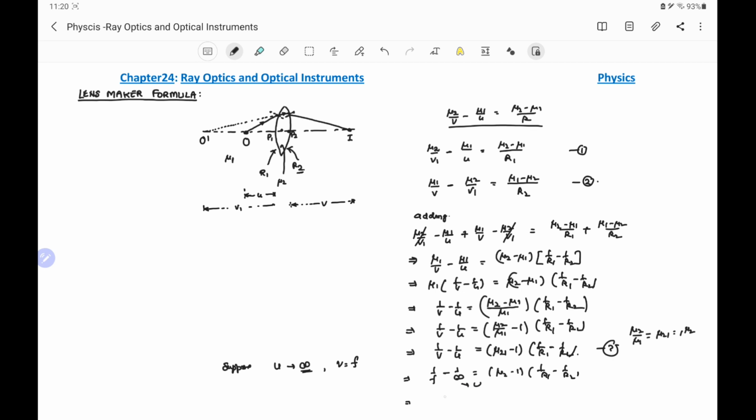So finally we have 1 by f equal to mu21 minus 1 into 1 by r1 minus 1 by r2. This formula we have to remember. This formula is called the lens maker's formula.